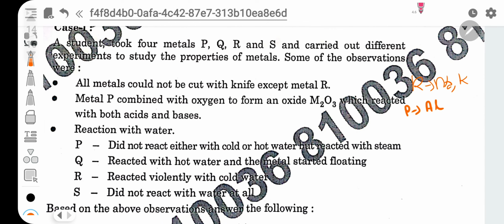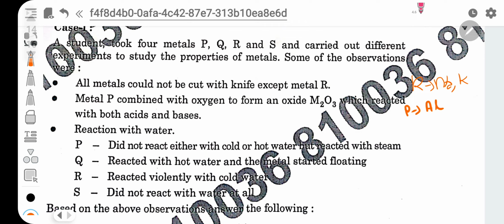Reaction with water. P did not react with either cold or hot water, so by this statement we can confirm it is aluminium only. Q reacted with hot water and the metal started floating.